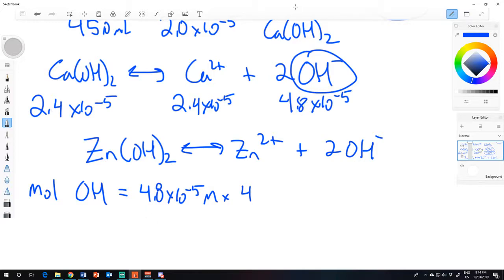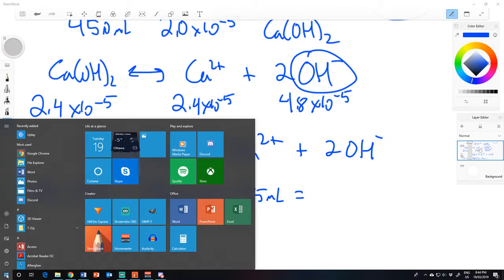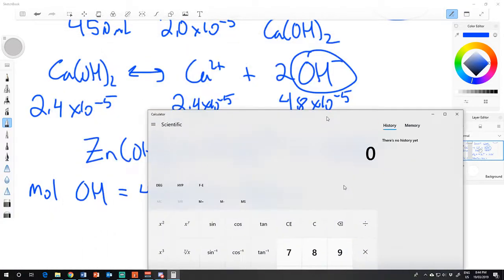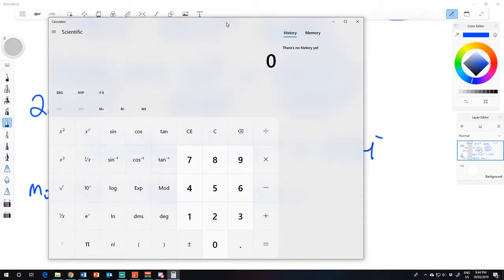Okay, not too bad. 45 milliliters, that'll give me some amount of millimoles. 4.8 exponent of this 5 times 45, so I hate this calculator.